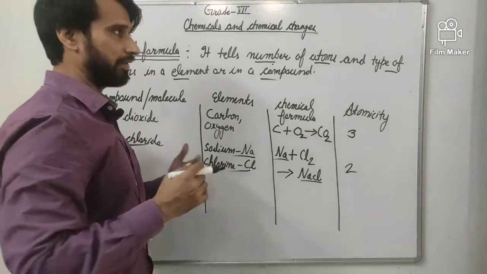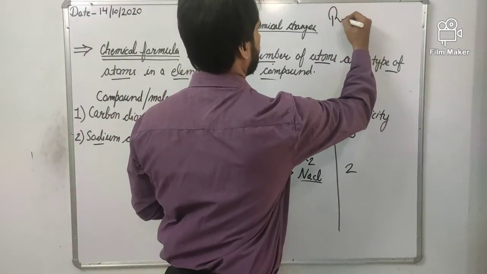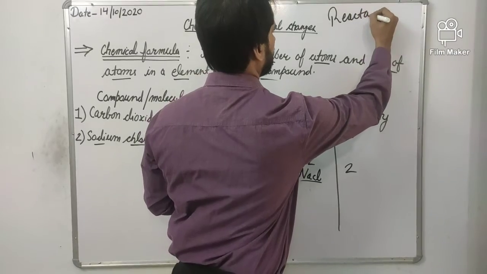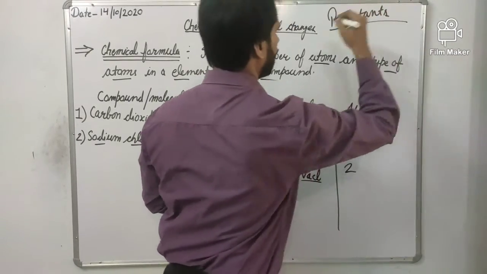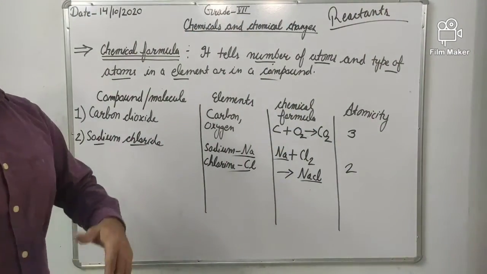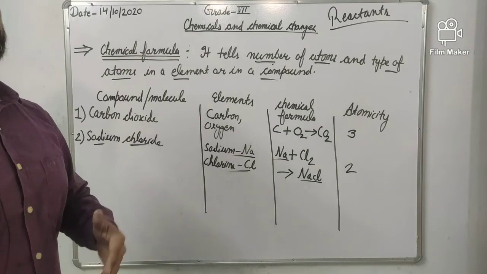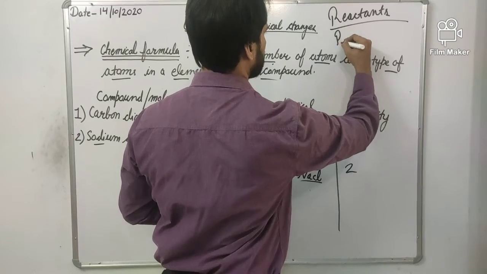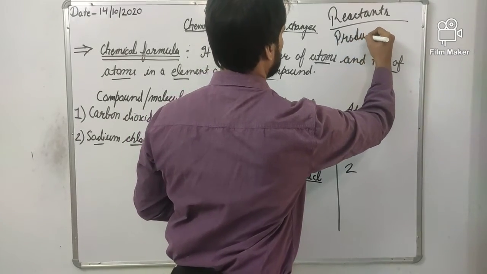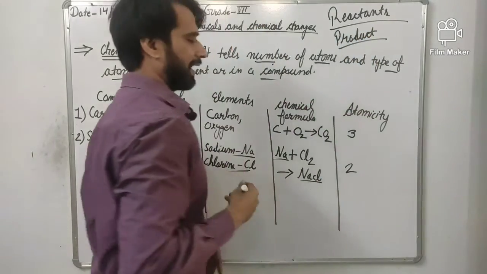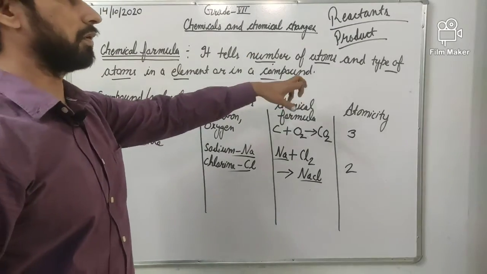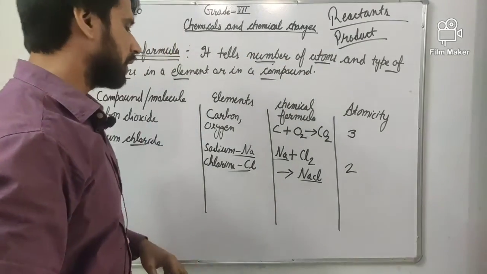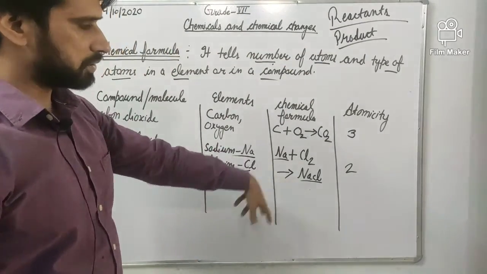Substances which interact are called reactants, and the new substance formed after the interaction is called the product. In the next lecture we will discuss reactants and products and this balancing.